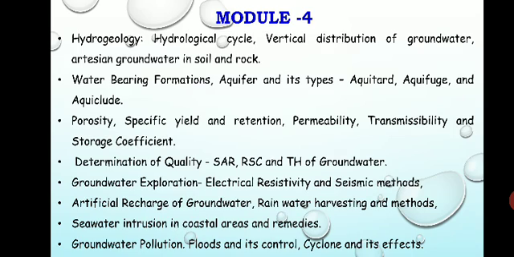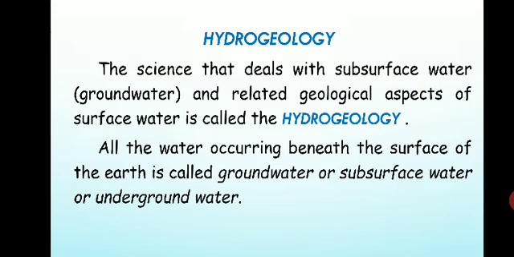So we'll start with the first, that is the definition of hydrogeology. Hydrogeology is a science that deals with the subsurface water, that is called groundwater, and the related geological aspects of surface water.